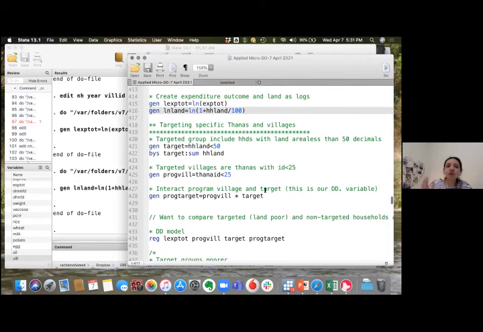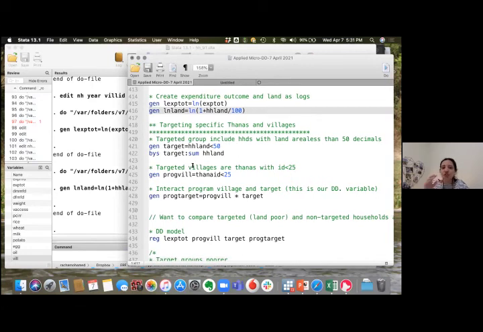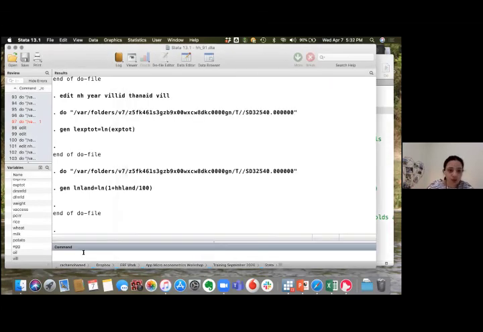And now I want to specify not my year dummy, but my village dummy, because I know that targeted groups of individuals, of households, are those who have an area of land less than 50 decimals. And I know that in each village, STANA IDs less than 25 are the ones intended for the program.